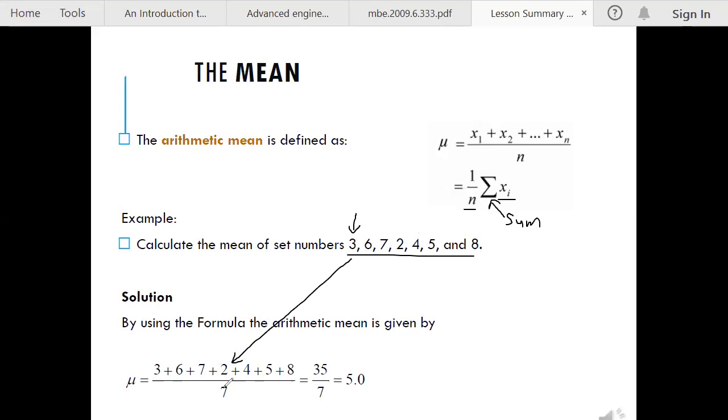So that n will be 7. And that should give us 35 over 7. And when we do that calculation, we find that the mean of the data is equal to 5. That's good. Now, moving on, we also looked at the mean for group data sets.